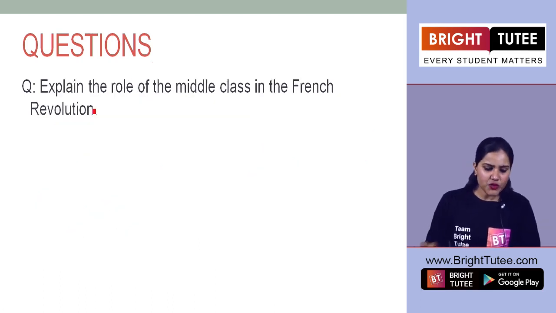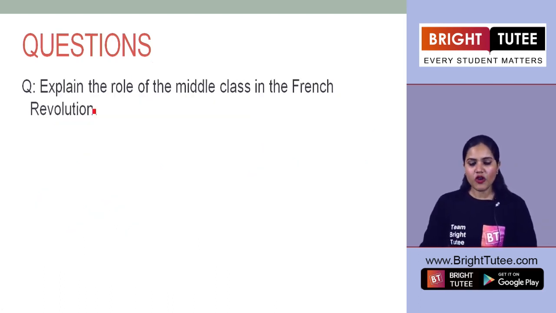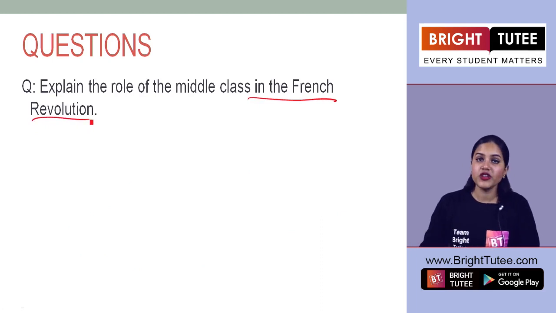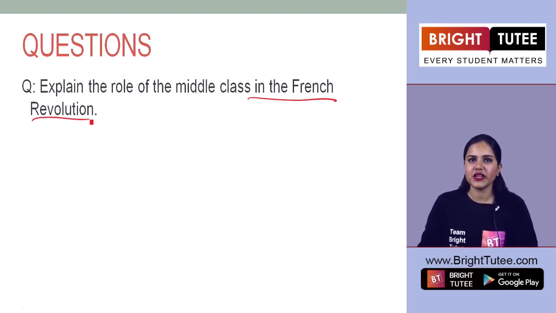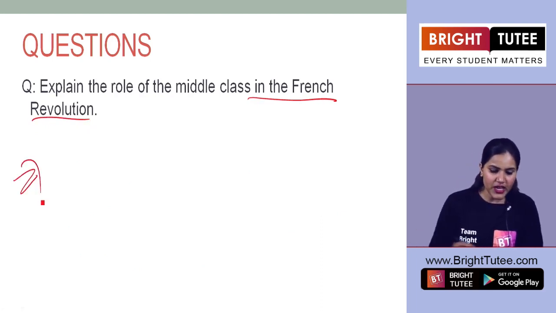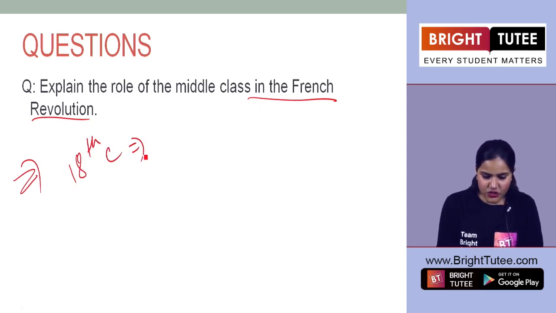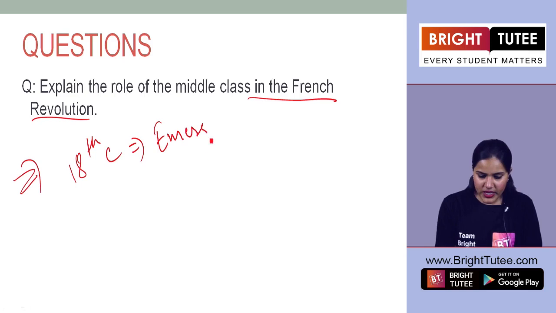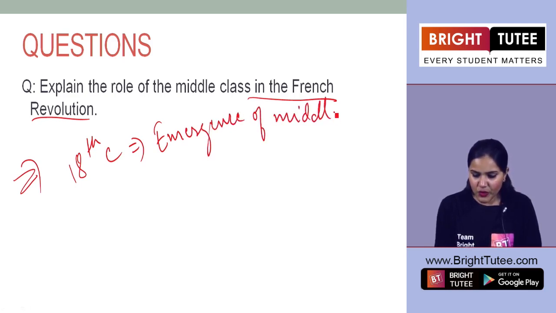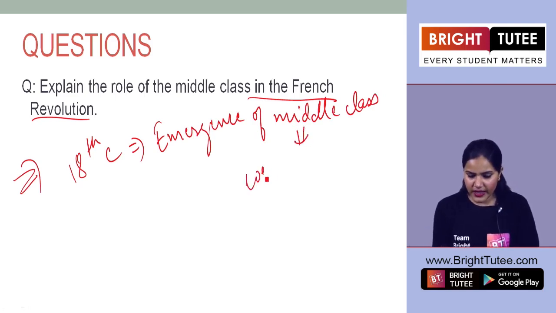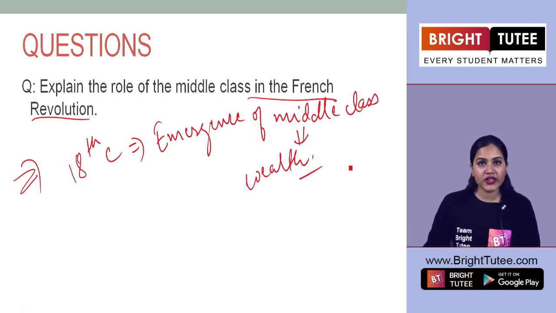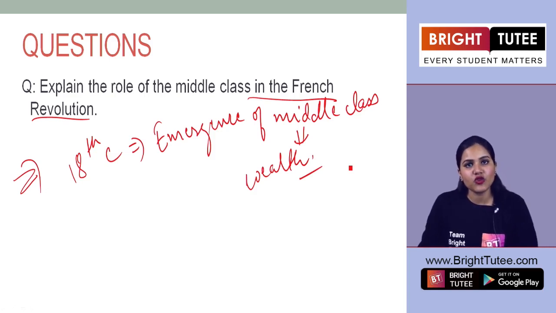Now, the next question is, explain the role of middle class in the French Revolution. Now, we just have read it, right? So, when we are talking about middle class, what are you going to say? 18th century saw the emergence of middle class who had wealth, right? So, I am just giving the keywords here. They had wealth through trade, that is inland and overseas, and also they were educated.